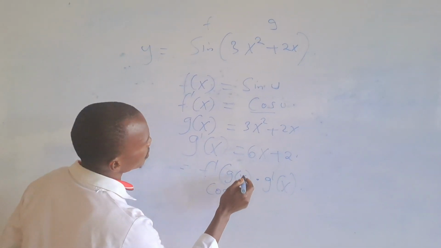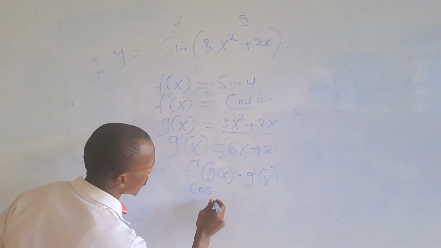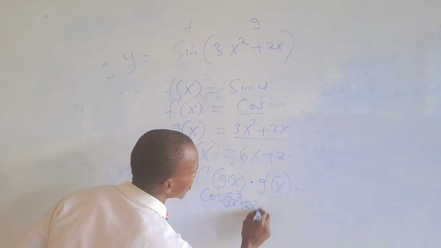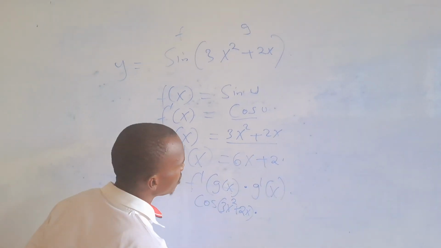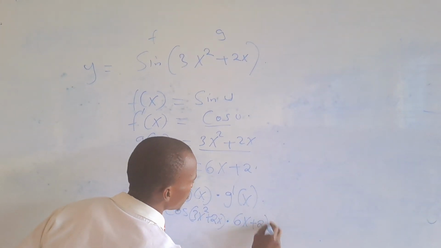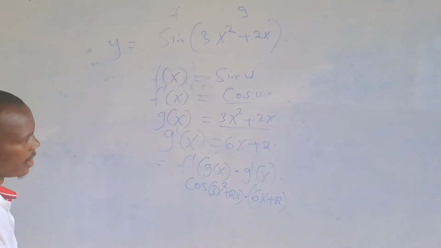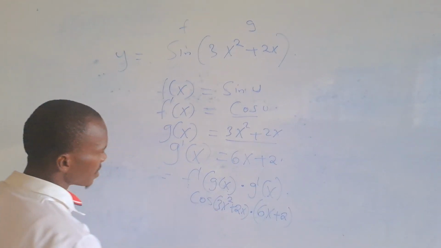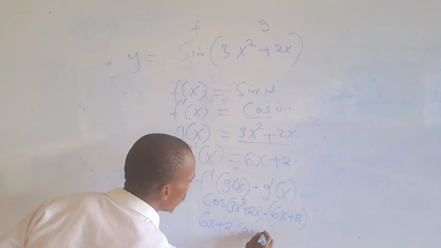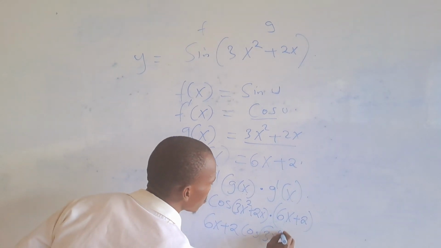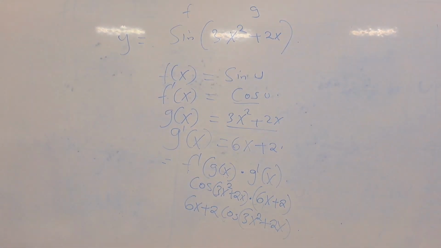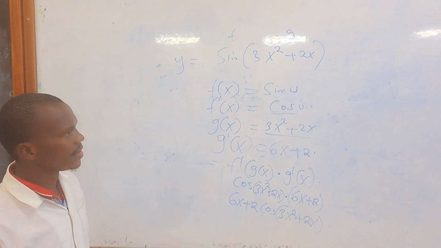Then g of x, which is 3x squared plus 2x. Then multiply by g prime of x, which is now 6x plus 2. Then we'll be able to multiply that times that, which will just be 6x plus 2 times cos of 3x squared plus 2x, like that. So this is the answer for this question.